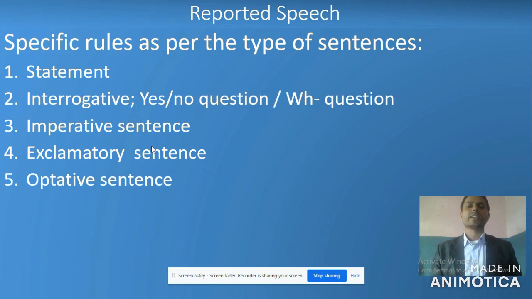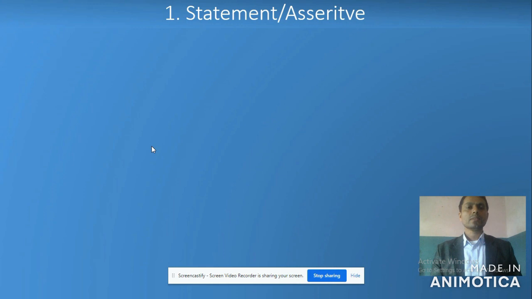Very first, we are going to do in detail number one, statement, I mean how to change from direct to indirect, from statement or assertive sentences. After that we will be doing the rest of the four types of sentences, to change from direct to indirect and vice versa. Got it? Well, without delay, let's move to the next slide. Statement or assertive sentence: how to change such types into indirect speech.